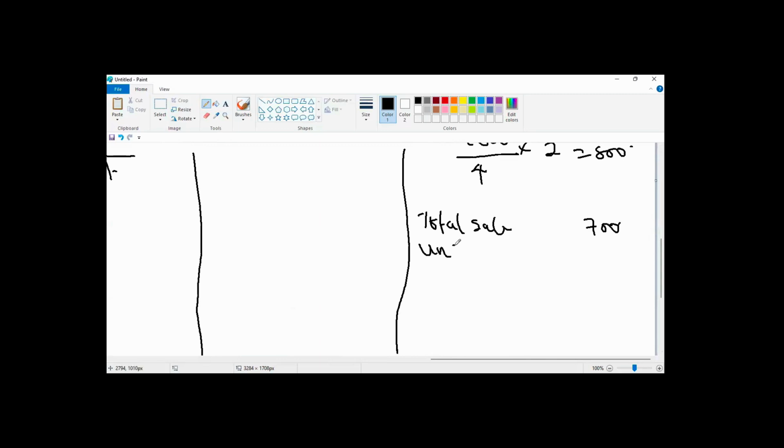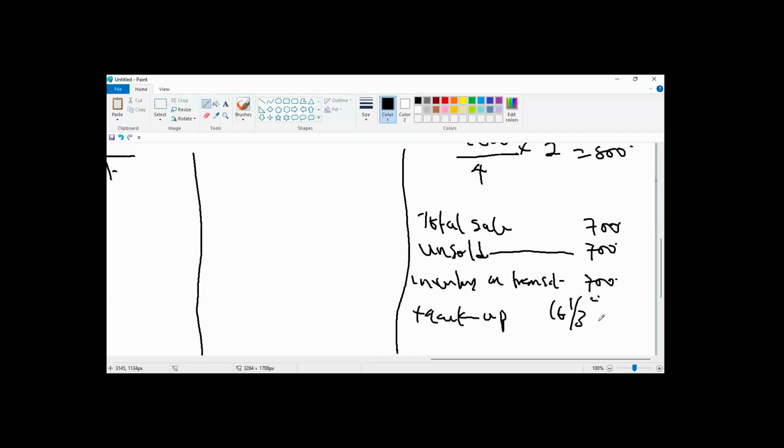Unsold now, 700, because it is in transit. Markup of 16.1/3%.